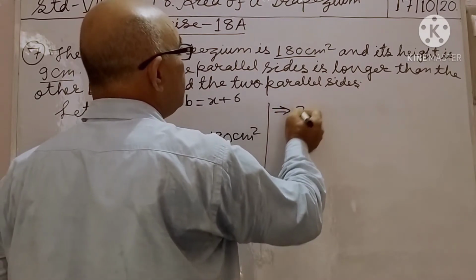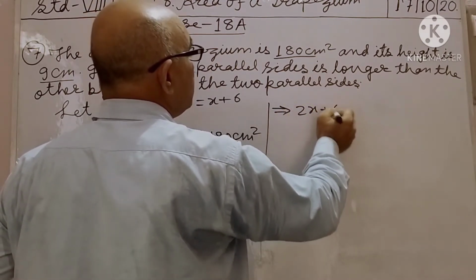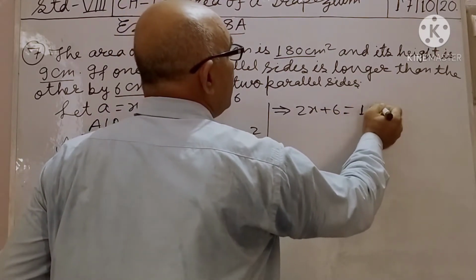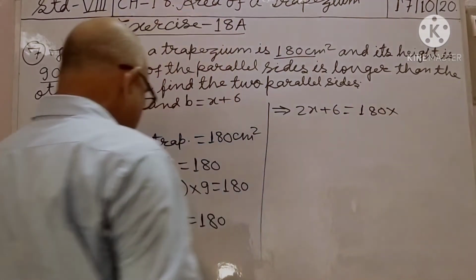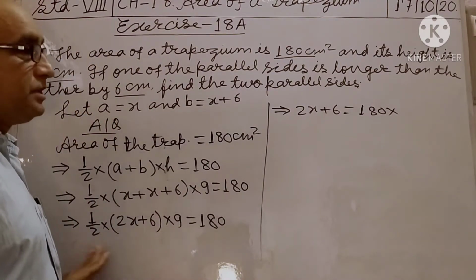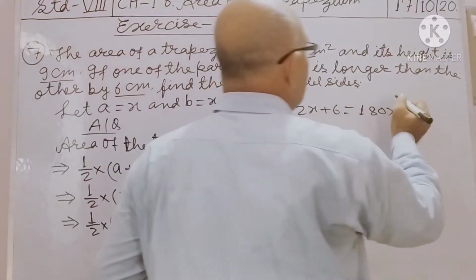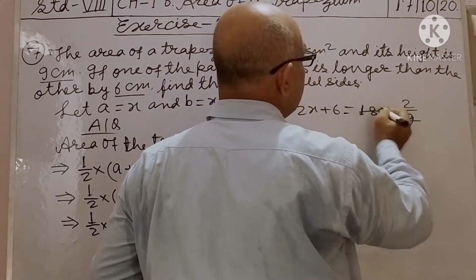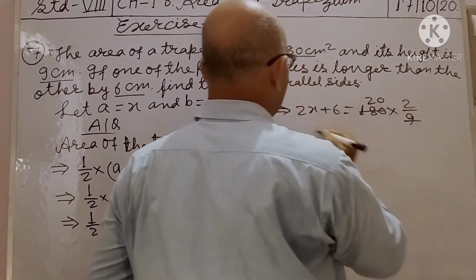Here 9 by 2, by transposition, that implies 2x plus 6 equal to 180 into 9 by 2 by transposition change into 2 by 9. So 180 into 2 by 9. 9 twos are 18, 20.